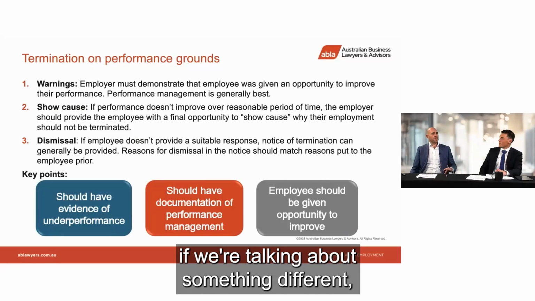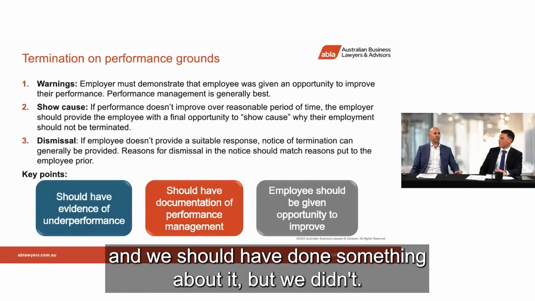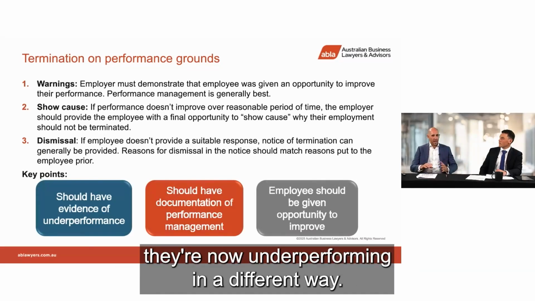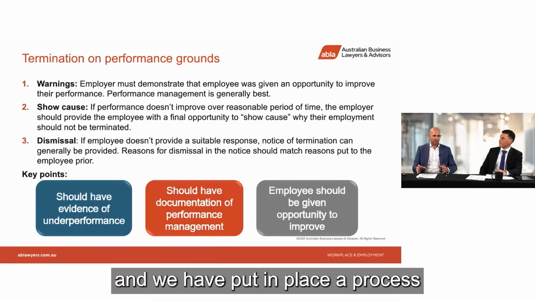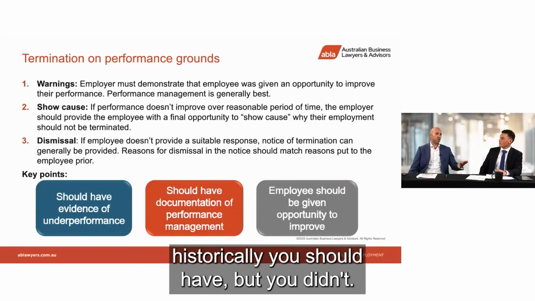If we're talking about something different, where there was a period three years ago where they were underperforming and we should have done something about it, but we didn't, and then fast forward three years, they're now underperforming in a different way, and we have managed that and put in place a process, then I'm not too concerned about the fact that historically you should have, but you didn't.